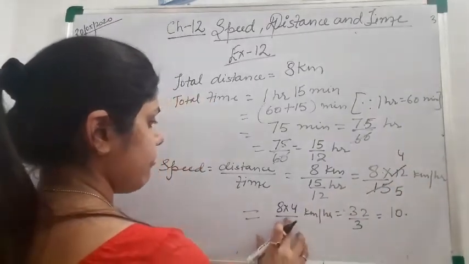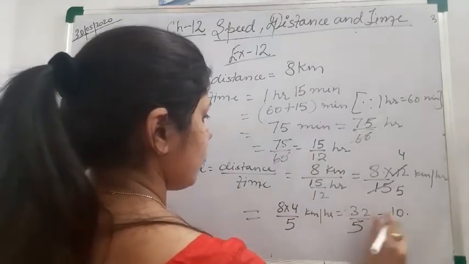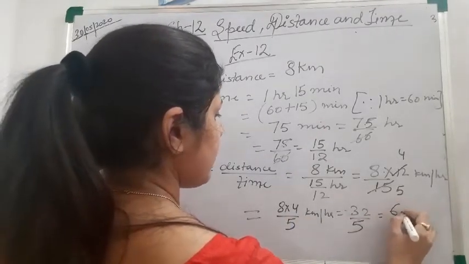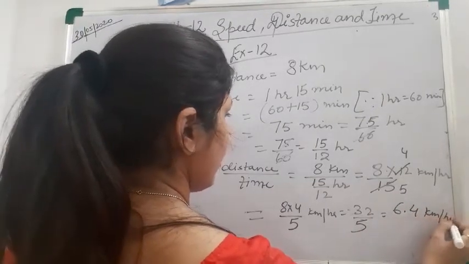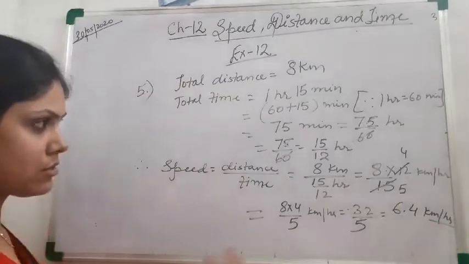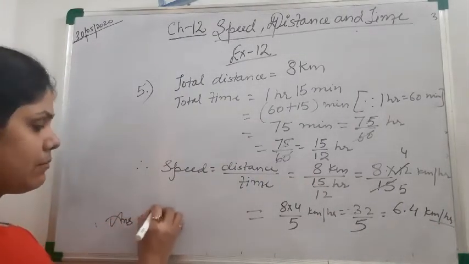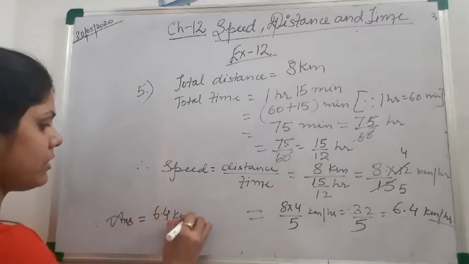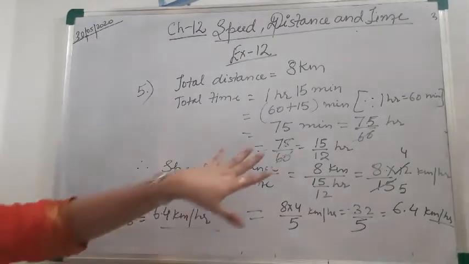Three fives are 15, 3 fours are 12, and that's why answer was coming wrong. 5 6 are 30, 6.4 kilometer per hour. See, simple mistakes take so much time. So answer is equals to, you will come 6.4 kilometer per hour. There was silly mistake I have done.